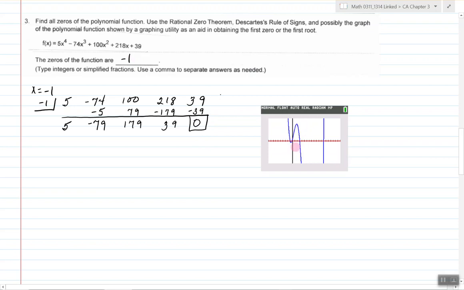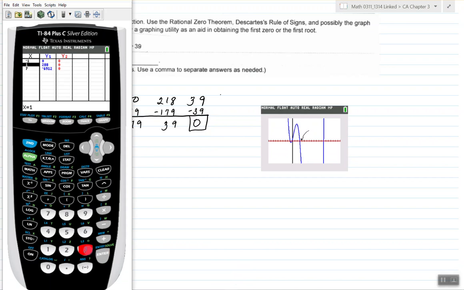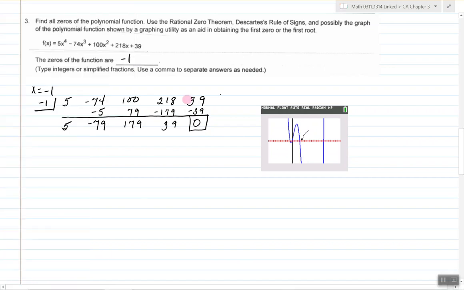Now, if I look at this a little further, I believe that I have another 0 at 3. I think I do. I could use my grapher and check it. If I type in 3 and enter, yes. So I know that there is a second one at 3.